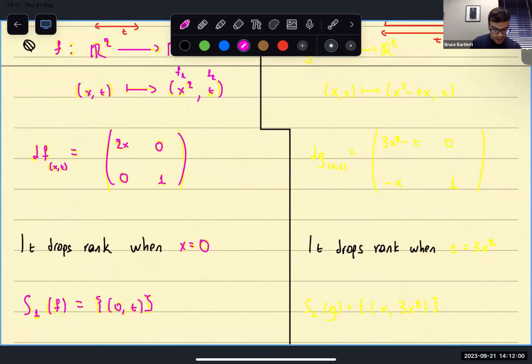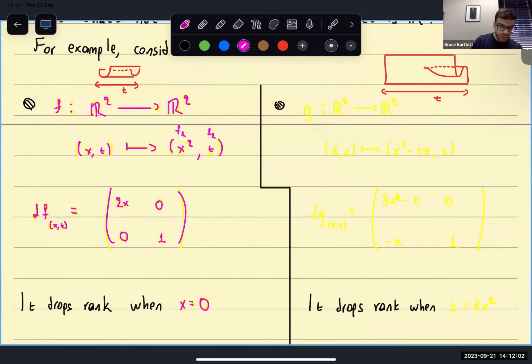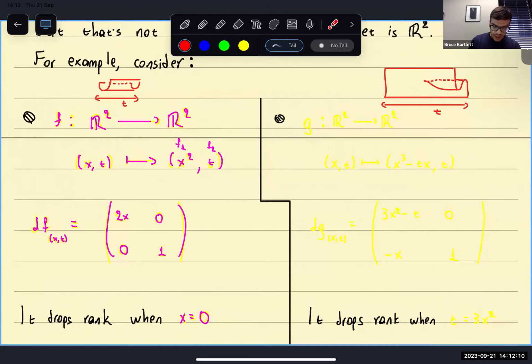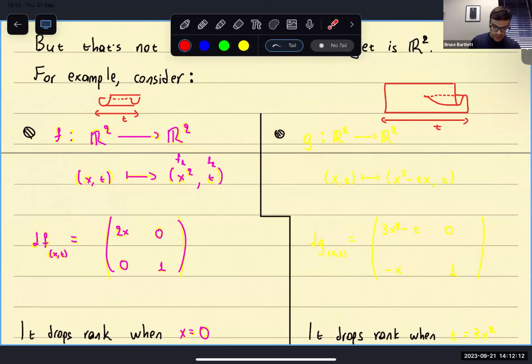And I don't have any points where the differential is going to drop rank by more than 1. Is that clear? Okay. So another map that I can write from R^2 to R^2.